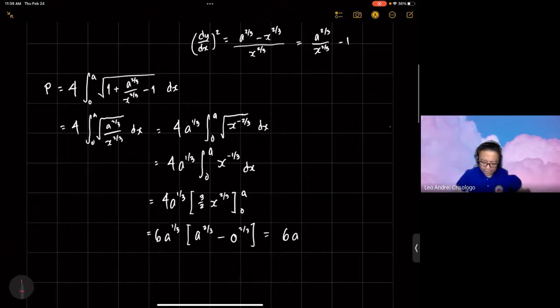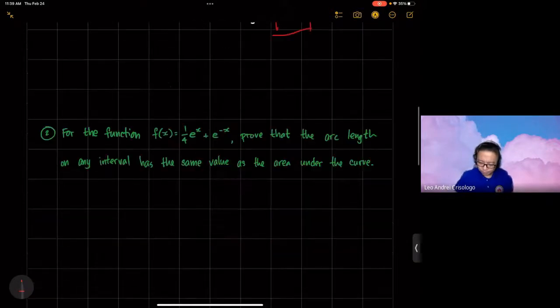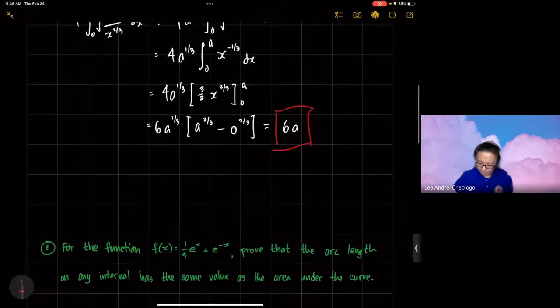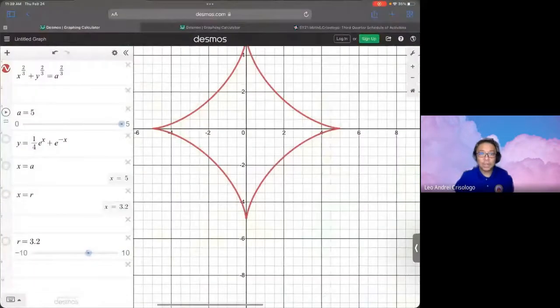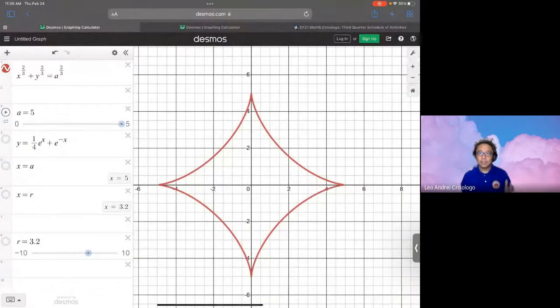So, ewan ko ha, this is one of those things, again, that I think are interesting, na if you take a look at this curve, and we're being asked to figure out yung perimeter niya, wala siyang straight lines, we would hardly expect na yung magiging result natin, wala siyang square root of something, wala siyang pi, kahit may curves.